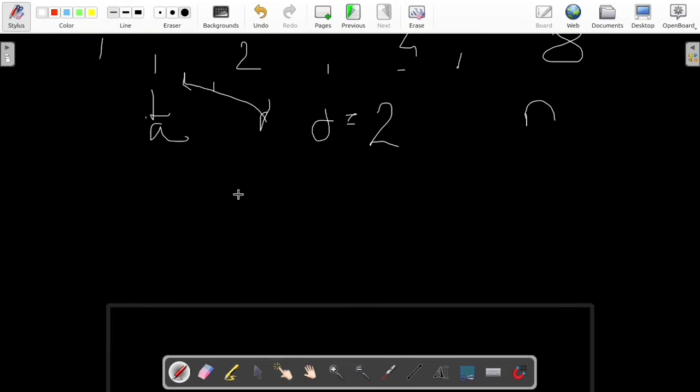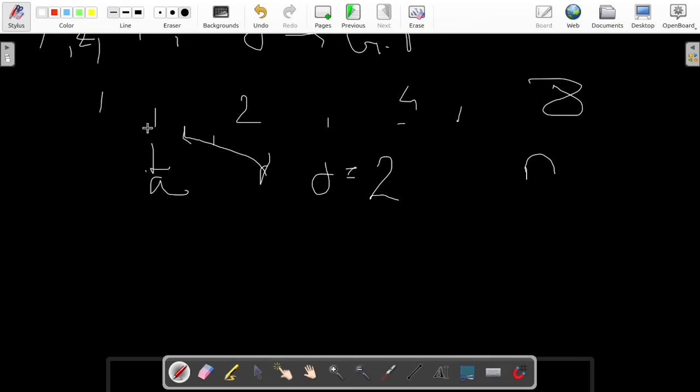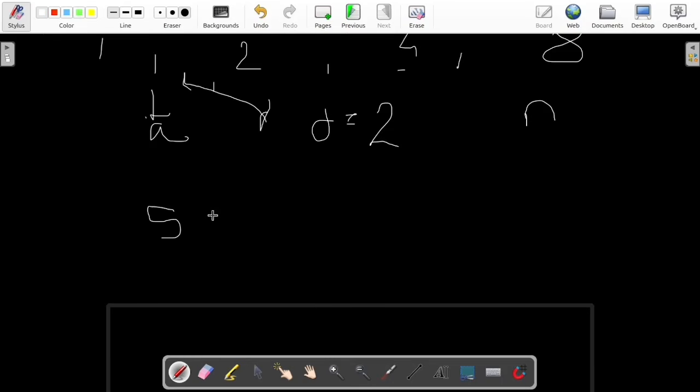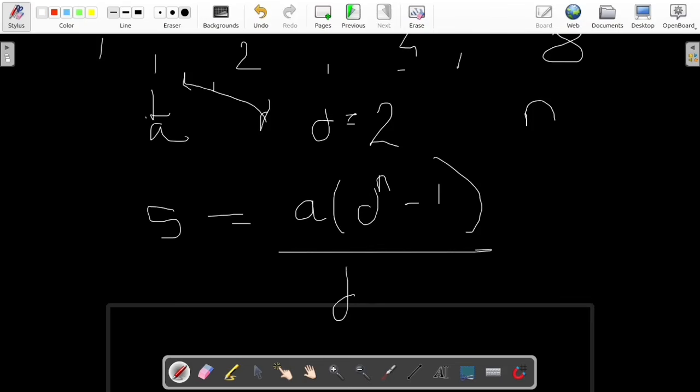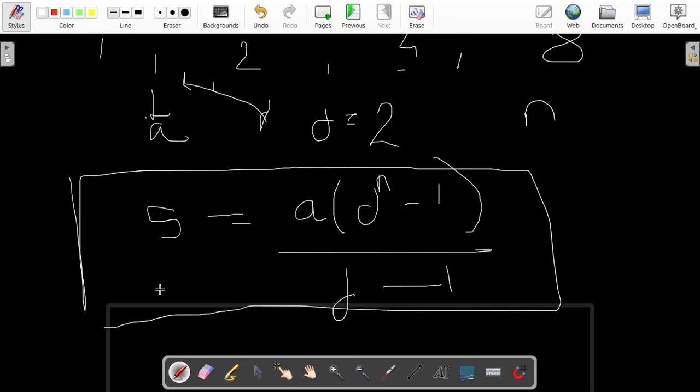There's a mathematical formula for the summation of a geometric progression: the sum is A times (d to the power n minus 1) divided by (d minus 1). This is the formula. Let's plug in the values.